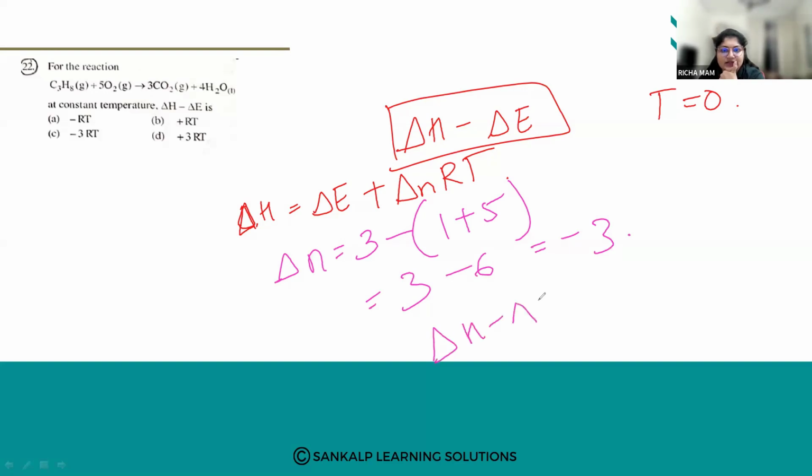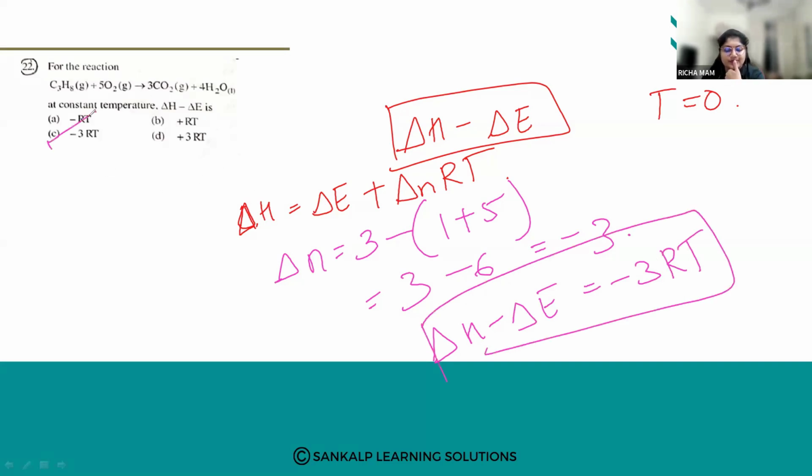So delta H minus delta E is minus 3 RT. So it is option number C.